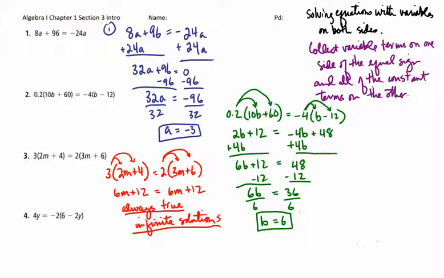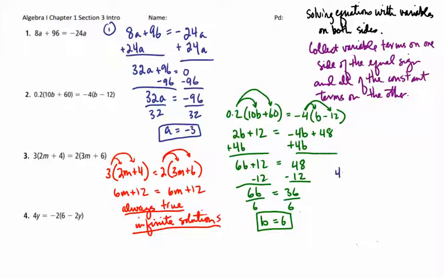So this is the first type of special case of equation that we can have when we have variables on both sides. All right, the second type of equation that we can get when we have variables on both sides is similar but slightly different. So let's take a look at it. And I'll write it on this side over here.